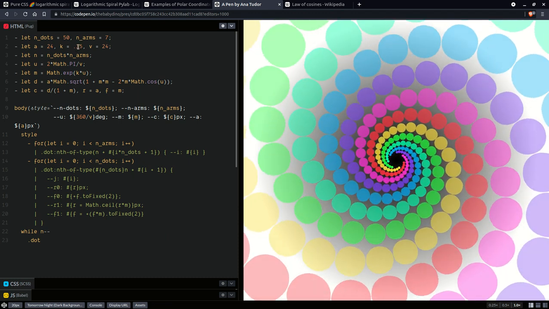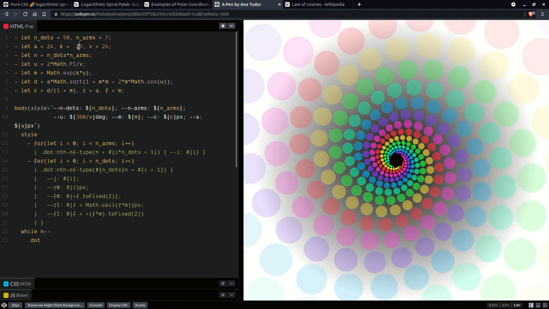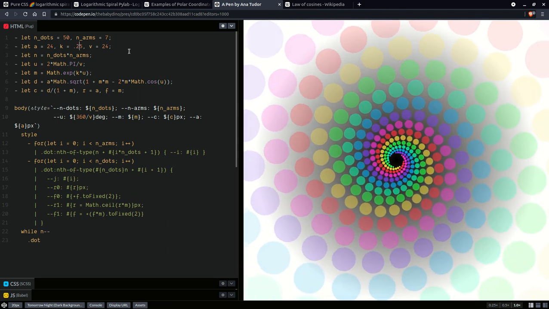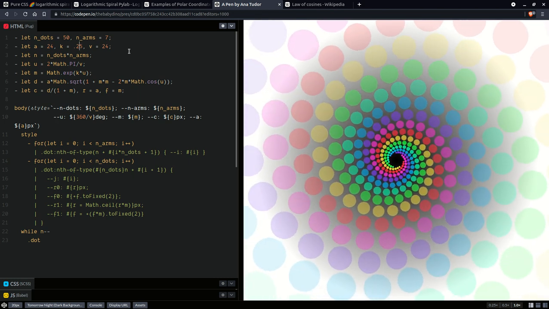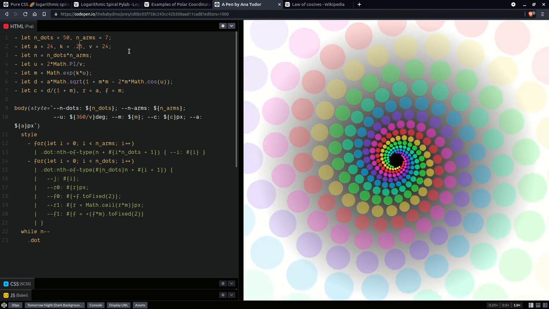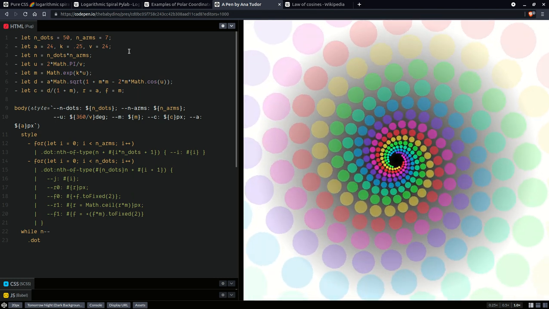I don't even know. Let's say that we're going to decrease this as well, so they're a bit more closely packed like that. So yeah, I don't think I'm going to tweak it much more. I think I'm going to leave it here.